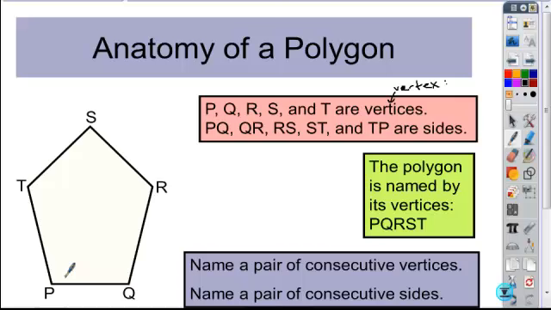You can move either clockwise or counterclockwise, but you have to move in consecutive vertices. You can't skip around. So we can name this polygon PQRST. We moved in counterclockwise rotation, but we moved from consecutive vertex to consecutive vertex. We didn't jump around and skip over.